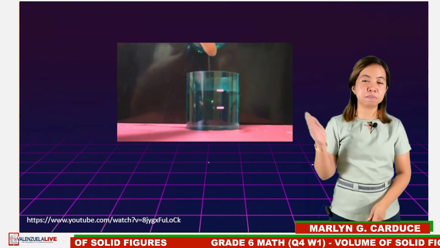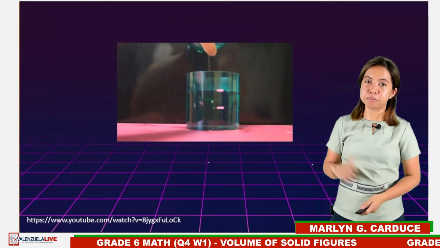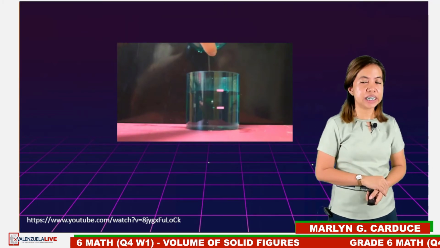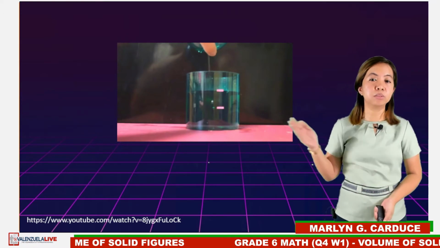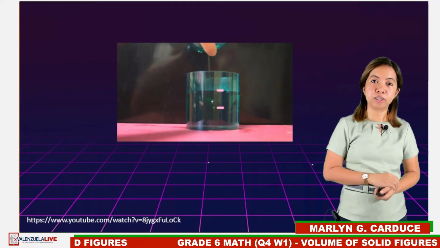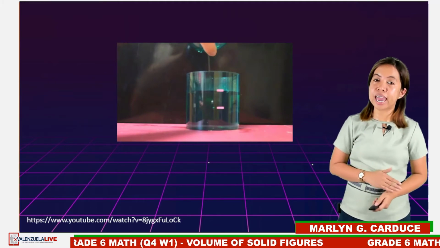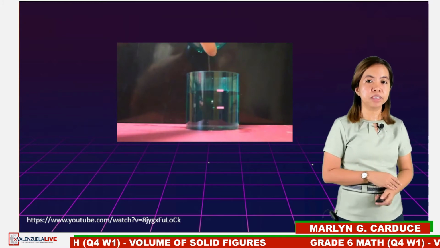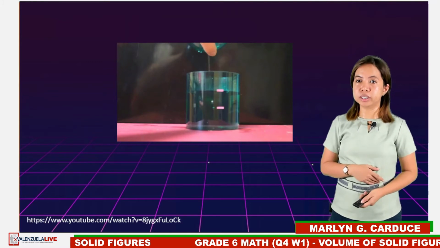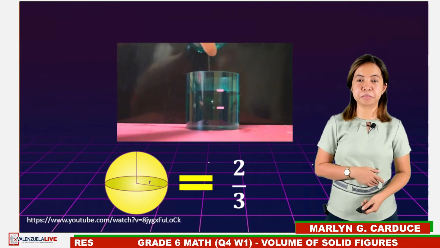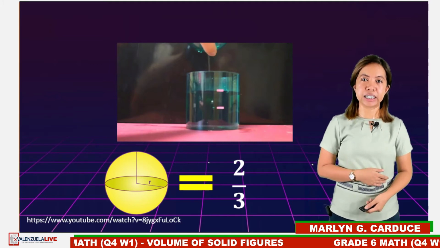That's right. The sphere and the cylinder in the video clip have the same height. So based again on the video, the cylinder was only 2/3 filled with water when it was filled with a sphere-shaped container. So this relationship means that if the sphere and a cylinder have the same height, the volume of the sphere is only 2/3 of the volume of the cylinder.